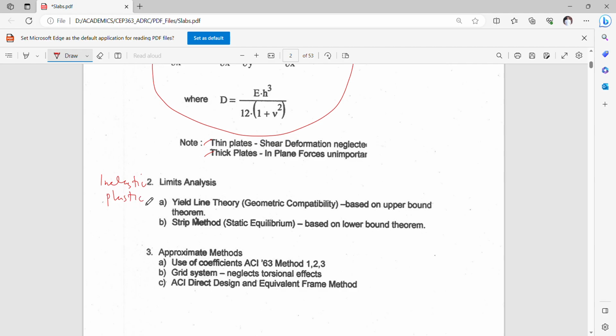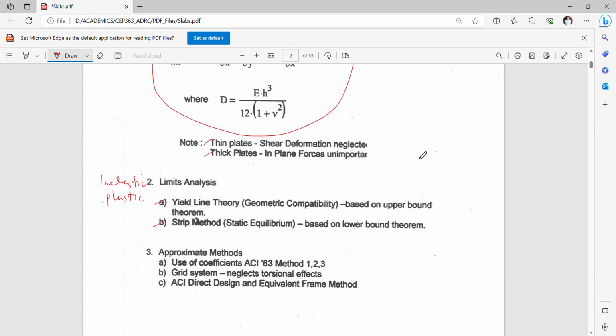Okay, so we have the two methods, the yield line theory and the strip method, which of course have other names. For yield line theory, we call this the geometric compatibility theory, and for the strip method, we have the static equilibrium theory. Okay, so this is based on the upper bound theorem, and this is based on the lower bound theorem.